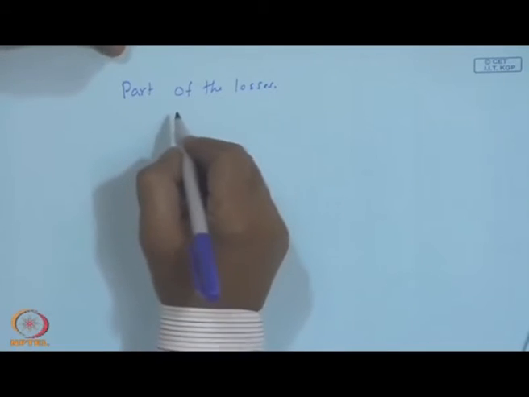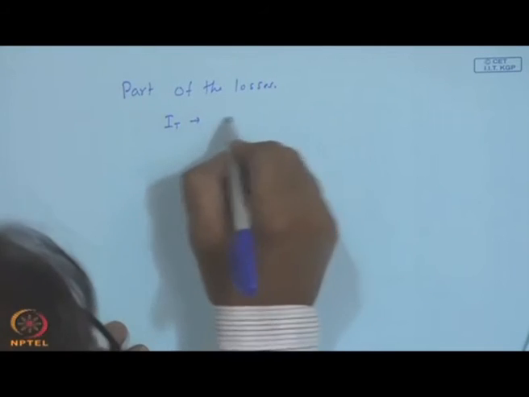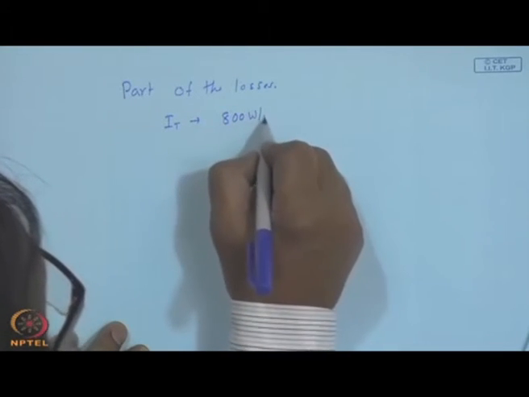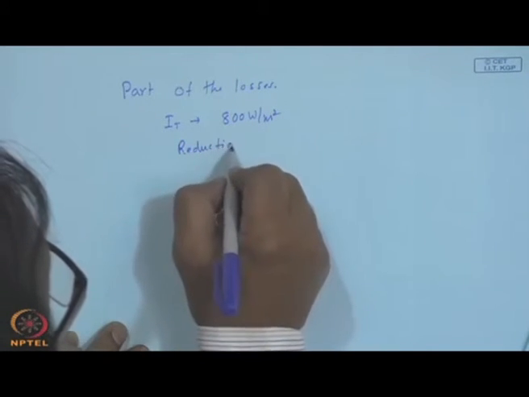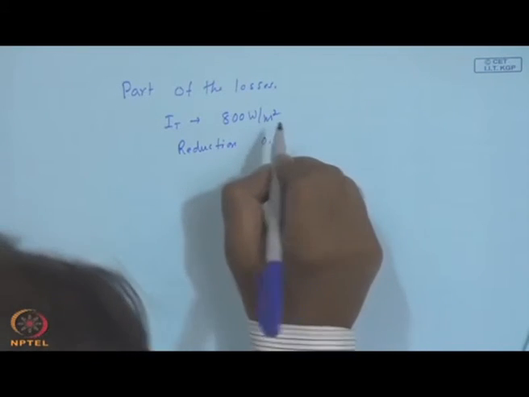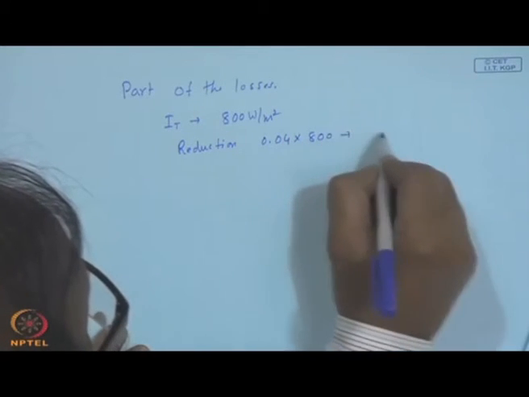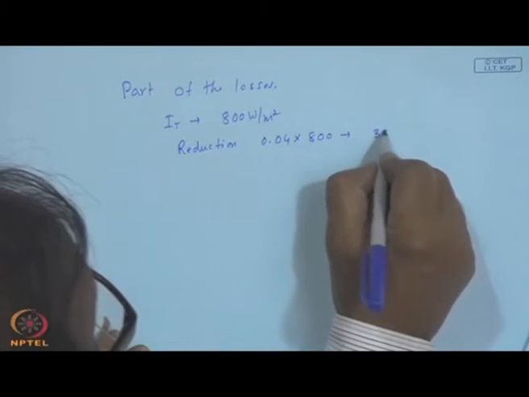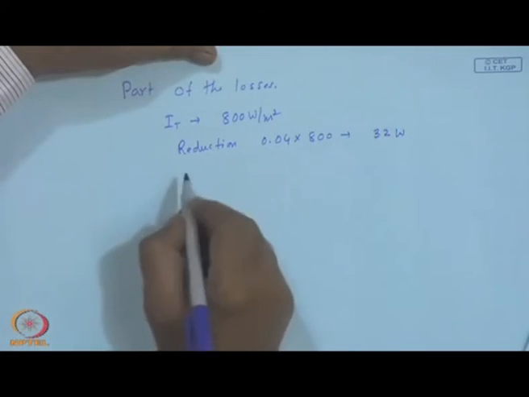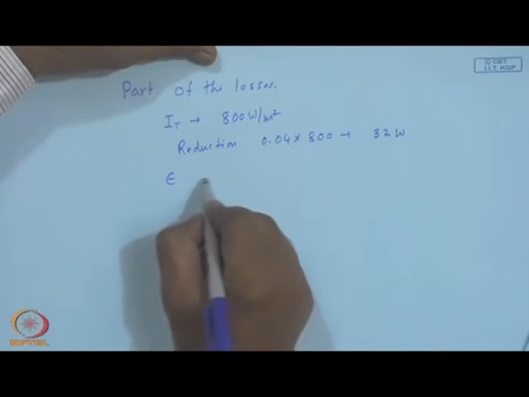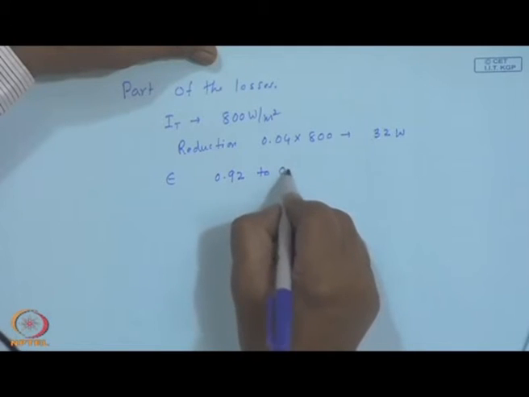So, if you have IT corresponding to 800 watts per meter square, and the reduction would be because of alpha 0.04 into 800, that is about 32 watts, all right, yeah, 32 watts, whereas epsilon has come down from 0.92 to 0.2.